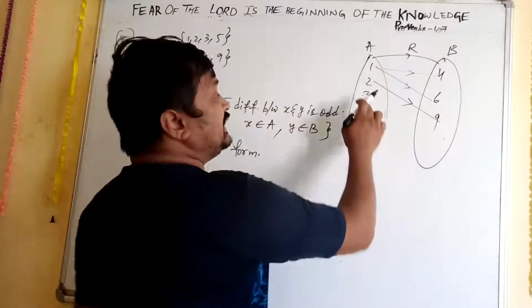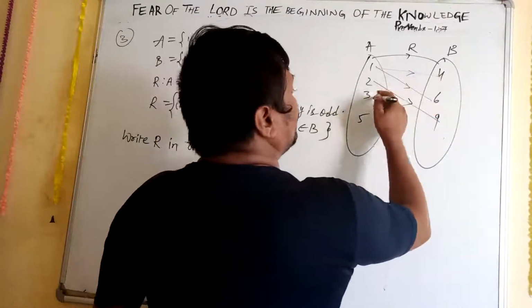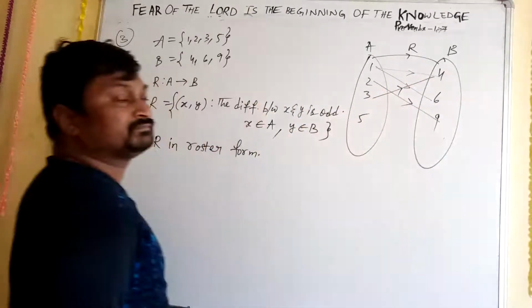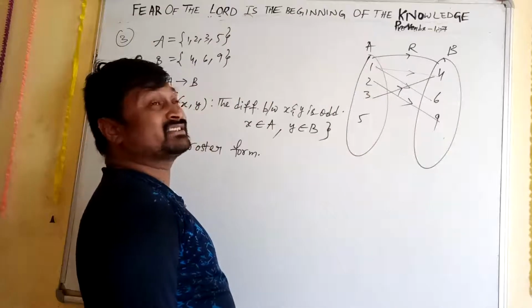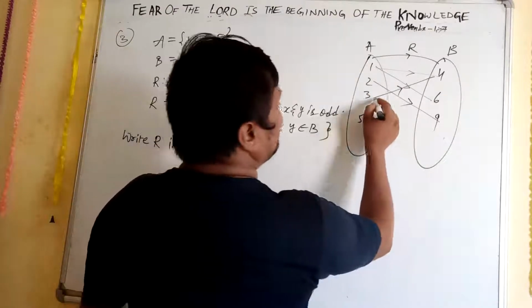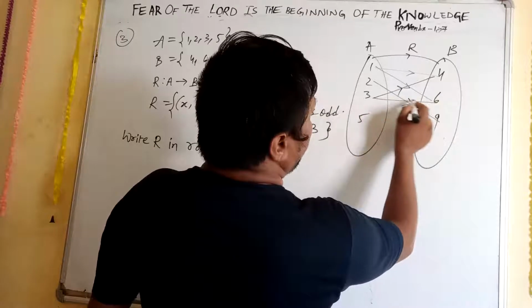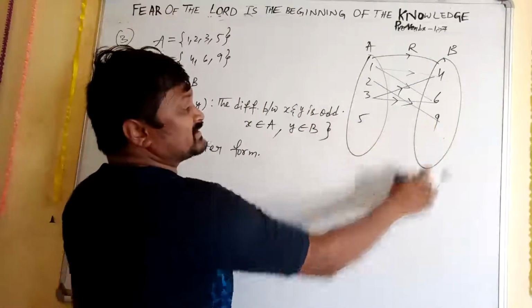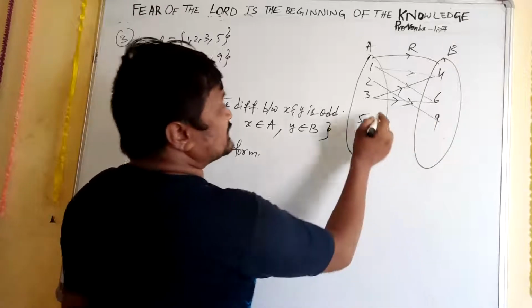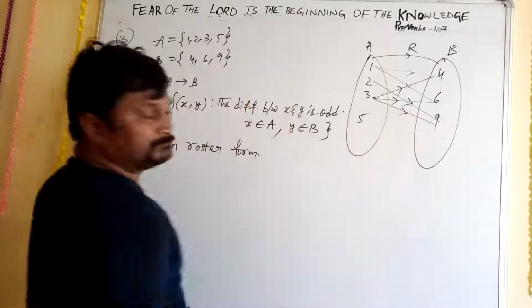And next check 3 minus 4, you are going to get an odd number. And then 3 minus 6, how much do you get? Minus 3. Again, it is an odd number. Next, 3 minus 9, that gives 6, which is not an odd number.